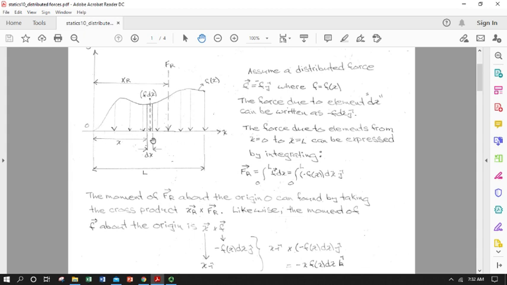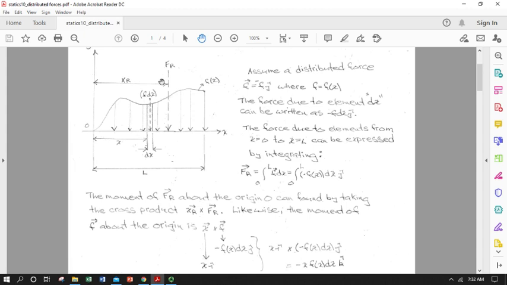Only the whole body. If we end up cutting this up later on and wanting to look at internal forces, that doesn't hold. But right now we're just looking at the whole body. So equipollent force system. Crazy distributed load, continuously varying, is going to be equipollent or equivalent to a single force applied at a very particular location.